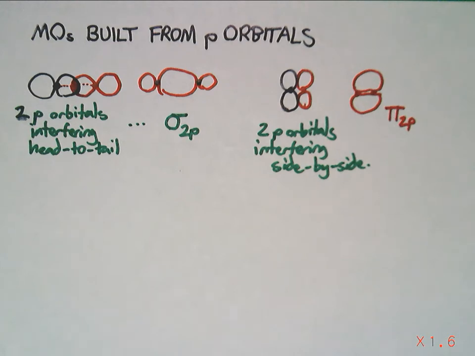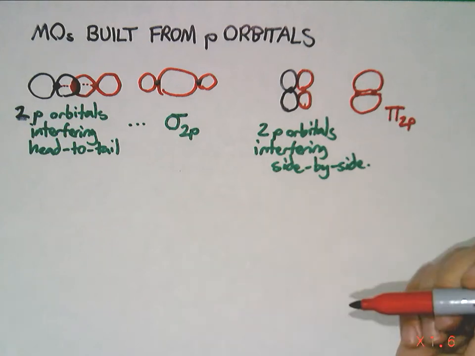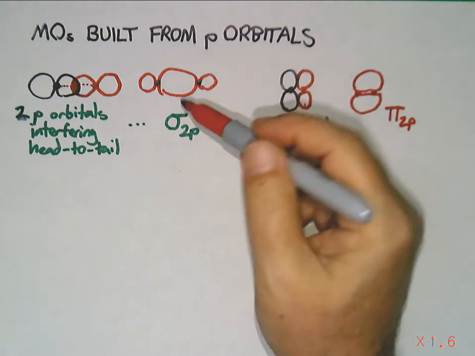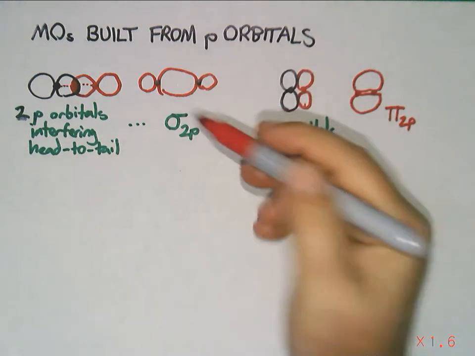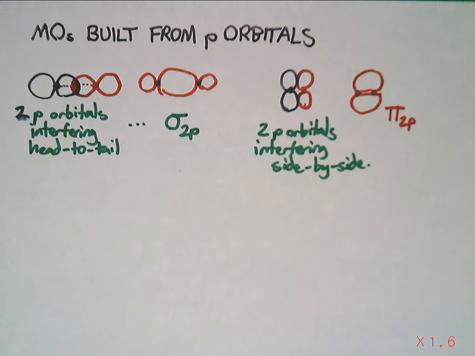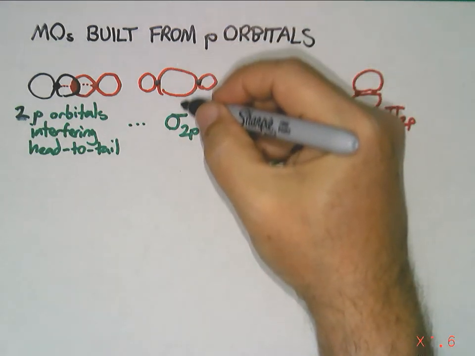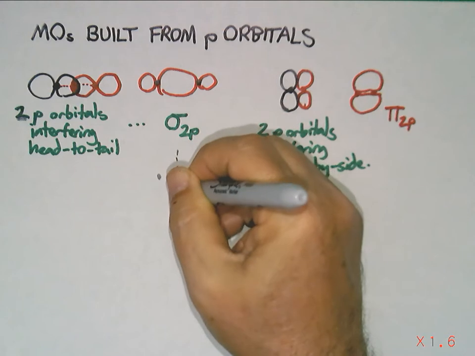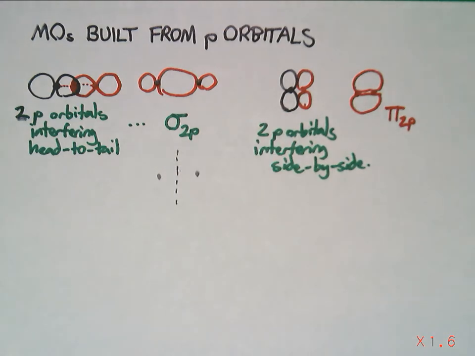So you can get sigma orbitals and pi orbitals. You can also get sigma star orbitals and pi star orbitals if they interfere destructively. Now, if they interfere destructively, you're going to get a node between the two nuclei. So here are the two nuclei, and if they interfere destructively, a node will be created. We saw how that happened in the last video when you had two s's coming together. They could interfere destructively if one was pointing up and one was pointing down.